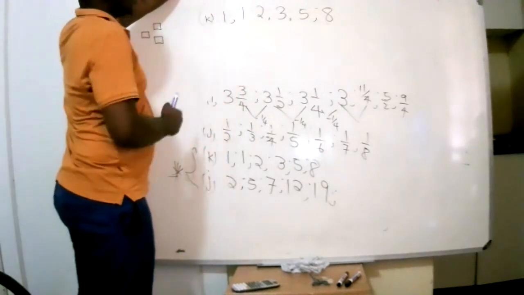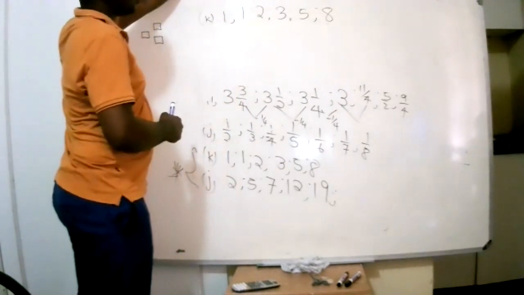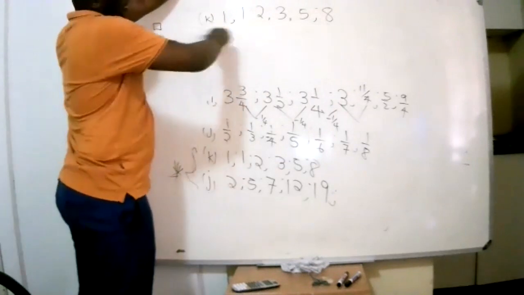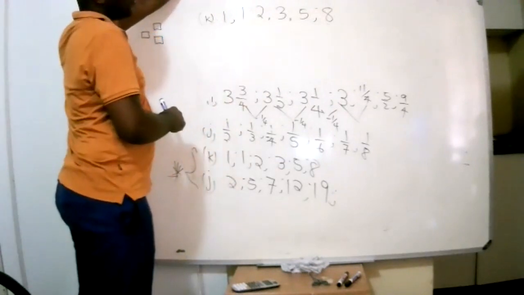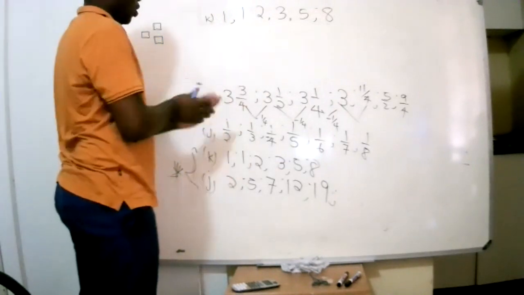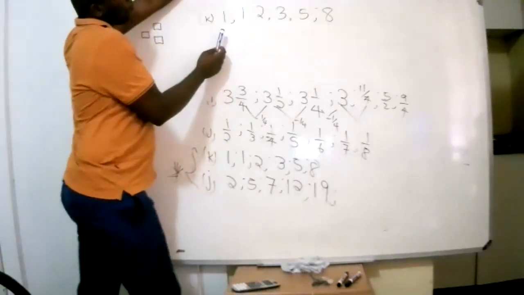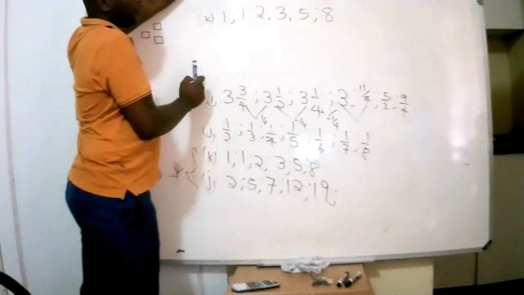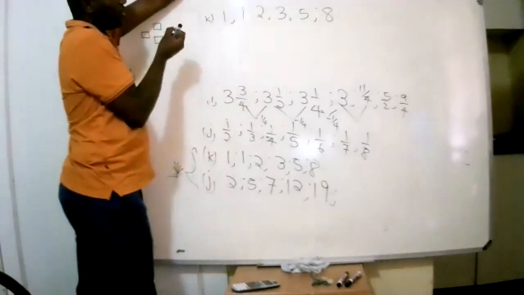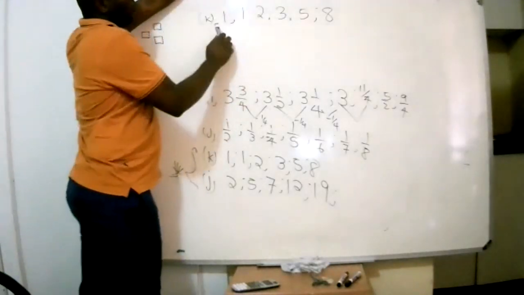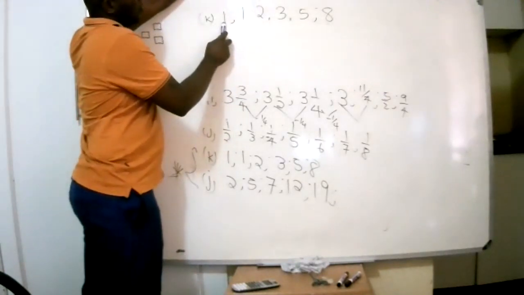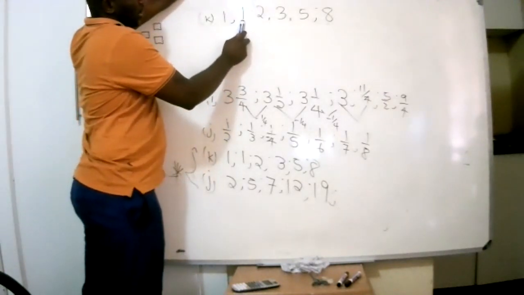A method which I propose to you now is a bit difficult for you, so we can use this procedure. In order to get the next term, we must add the previous two numbers. For example, here the 1 is given, and this other one is given.